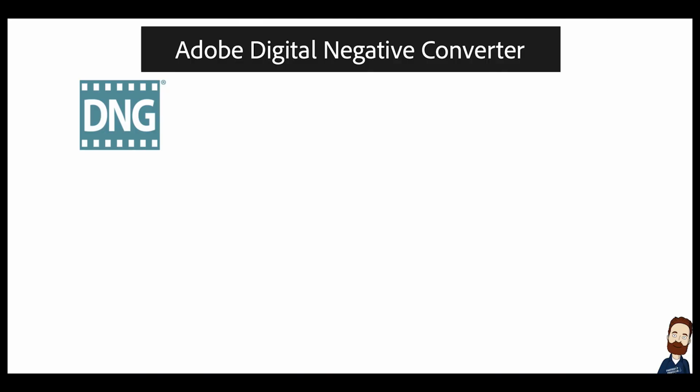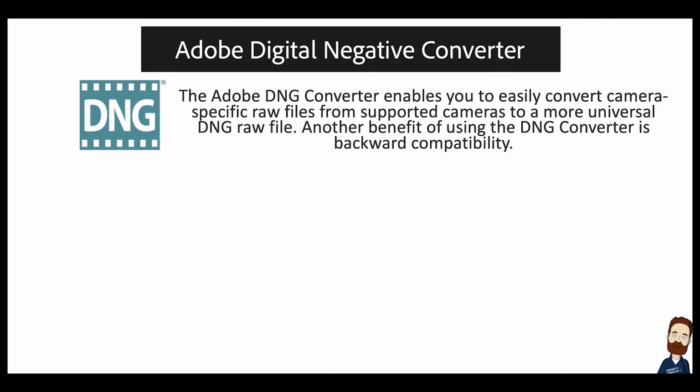So let's talk about DNG. The Adobe DNG converter enables you to easily convert camera-specific RAW files from supported cameras to a more universal DNG RAW format. Another benefit of using the DNG converter is backward compatibility.